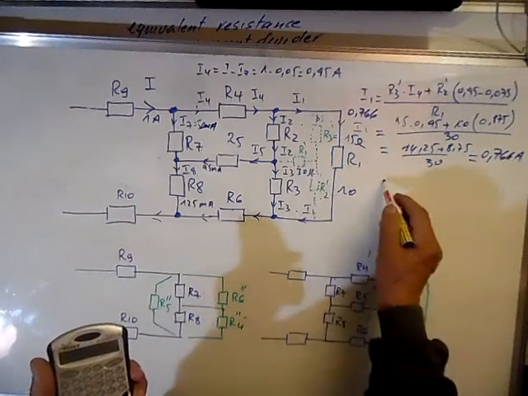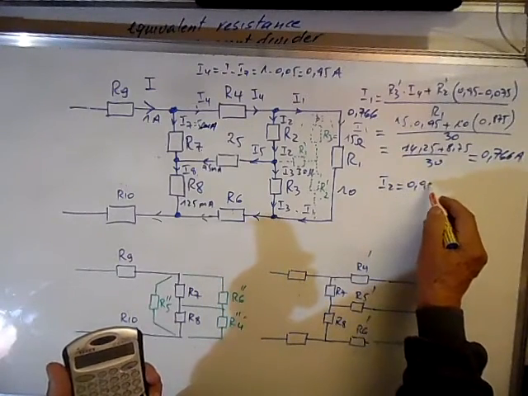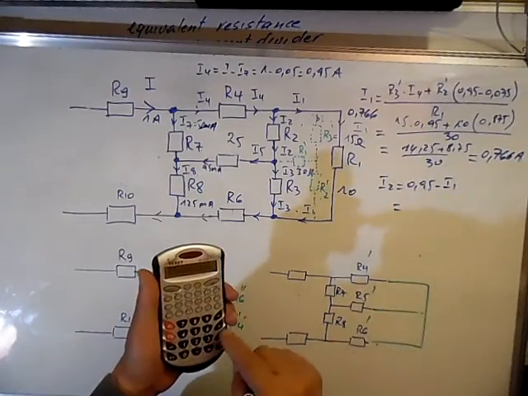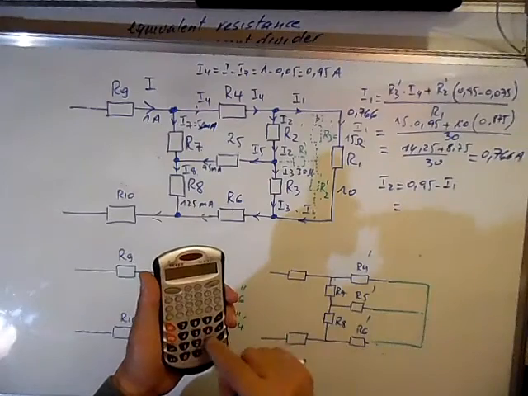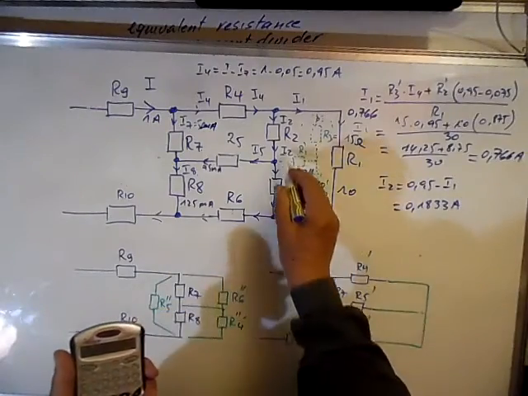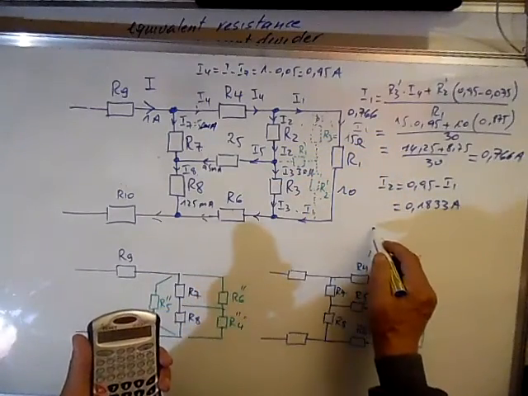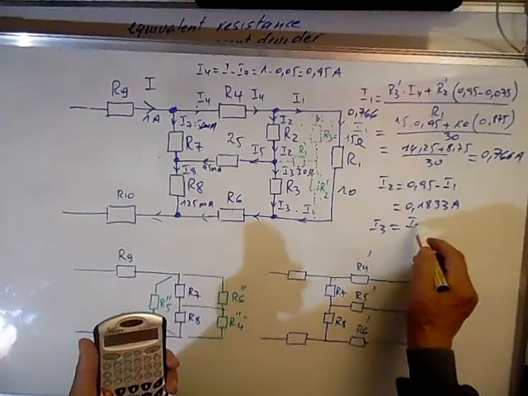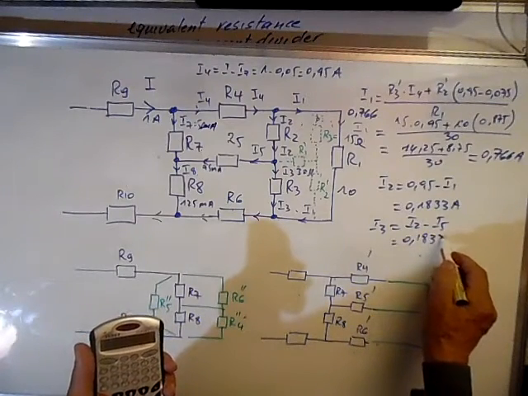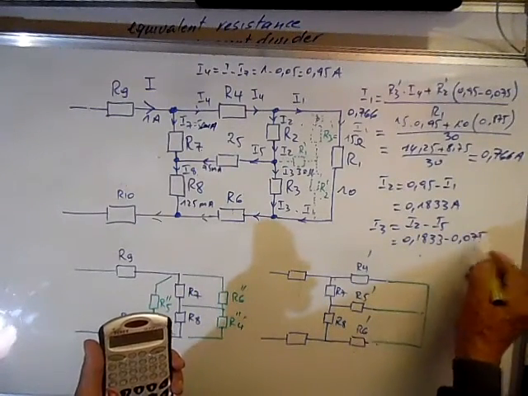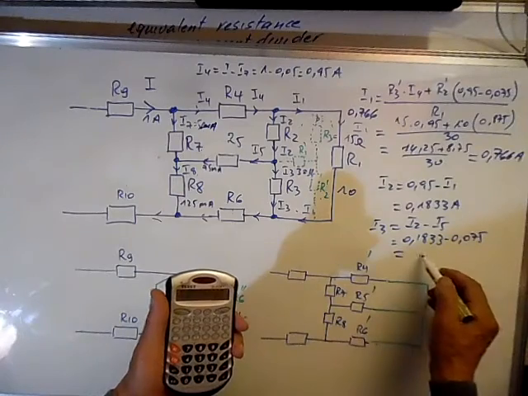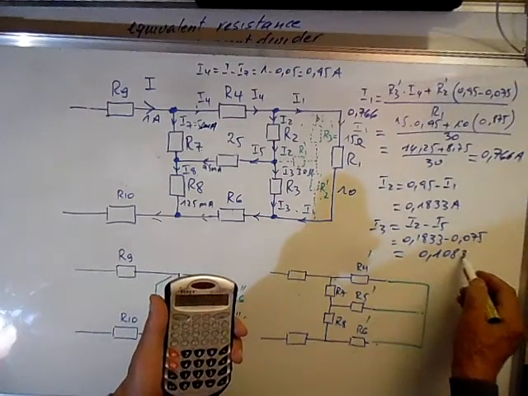So the current flowing here is 0.766. From this we can calculate I2, which is 0.95 minus I1, and this is 0.18333 amps, and from here we calculate I3. I3 is I2 minus I5, and this is 0.1833 minus 0.075, and this is 0.10833 amps.